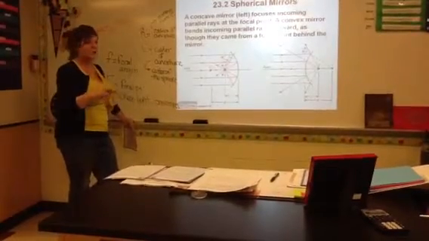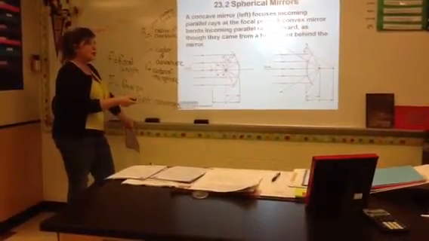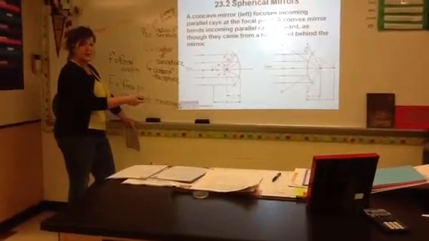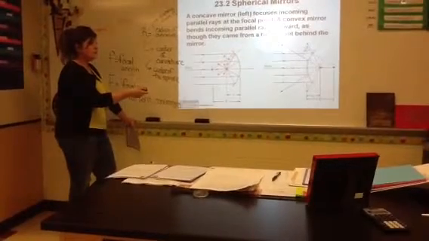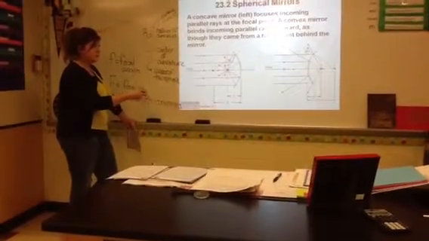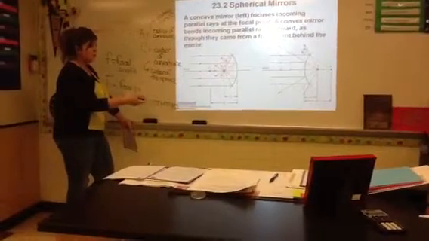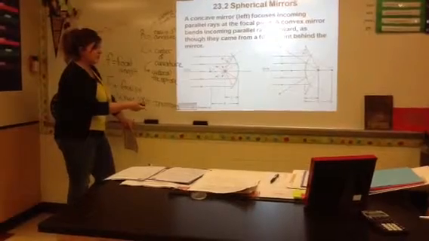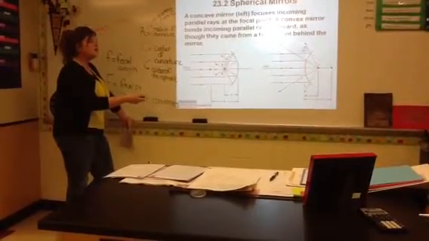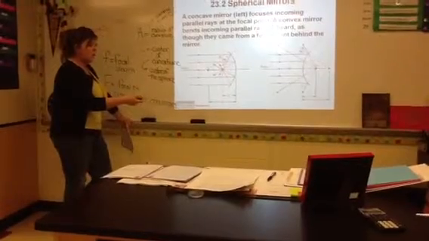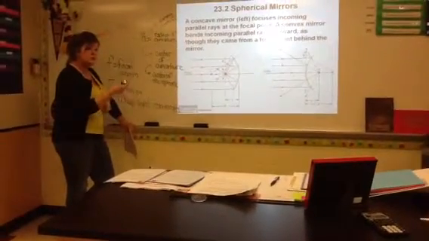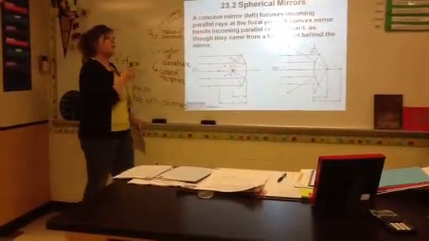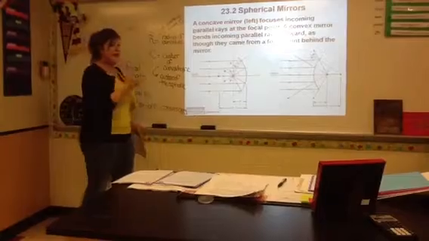But I still see an image. How is that possible? I see this image because it looks like light is diverging from this place right here. We took each reflected ray and traced it back to this point. Because we've traced it all back, it appears that light is emanating from this point, even though that's not actually true.